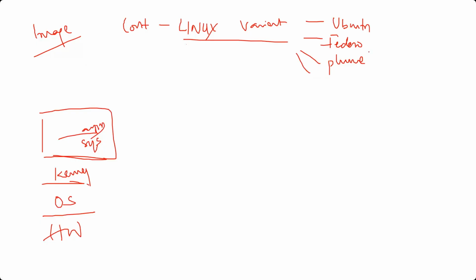No one knows any other OS? Sir, Kali. Kali, spelling? K-A-L-I. Acha, is it a Unix variant? Is it a Linux variant? Yes, sir, we say Kali Linux. Acha, I'm not aware of this. Okay, cool.